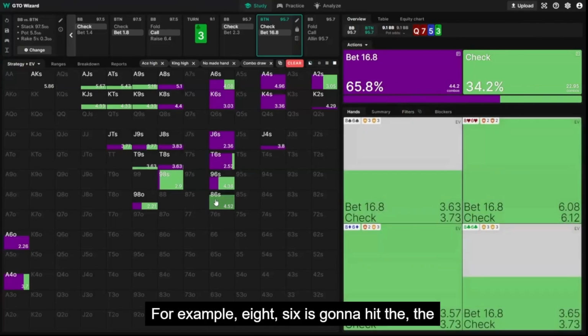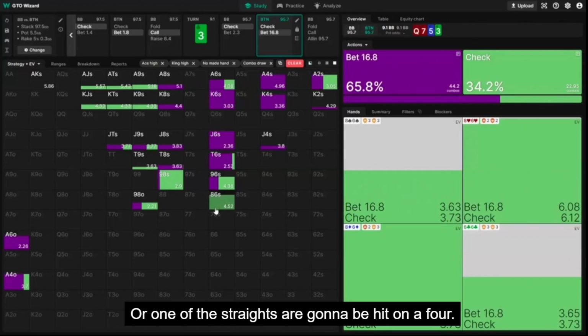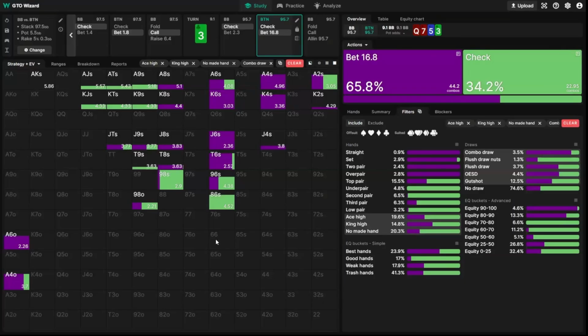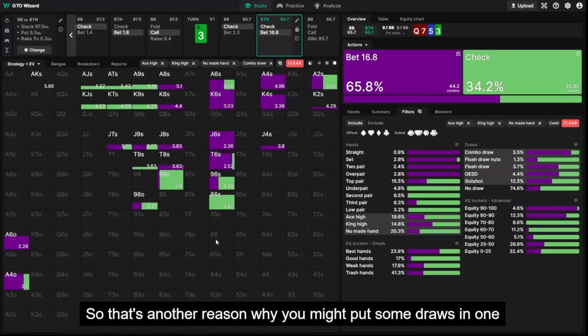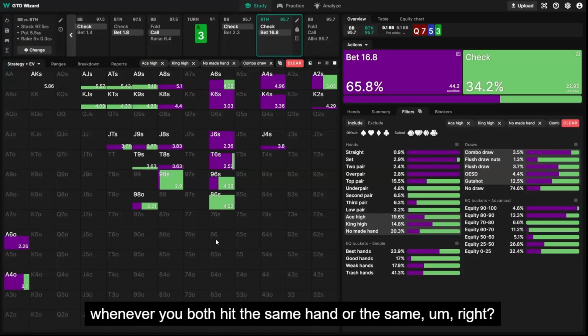For example, 8-6 is going to hit the straight on a 4, right? So if you bet with 8-6 and you fold out a 1-6, that could decrease your implied odds. So that's another reason why you might put some draws in one line, other draws in another. You want to cooler worse draws whenever you both hit the same hand, right?